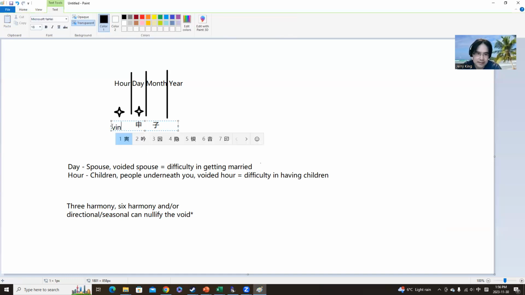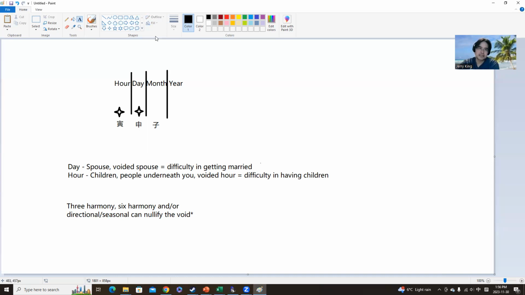So if I have a Yin, now we have a clash, right? It's possible that this clash is nullified. Just circle this right here, because of the clash between the Tiger and the Monkey.